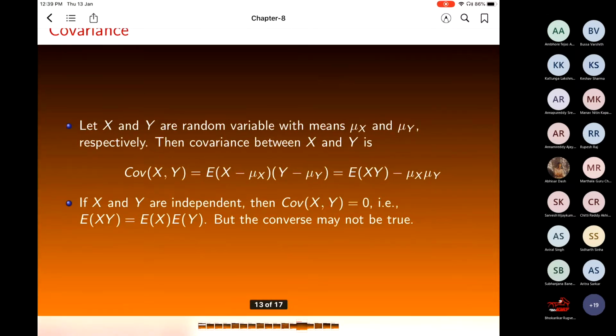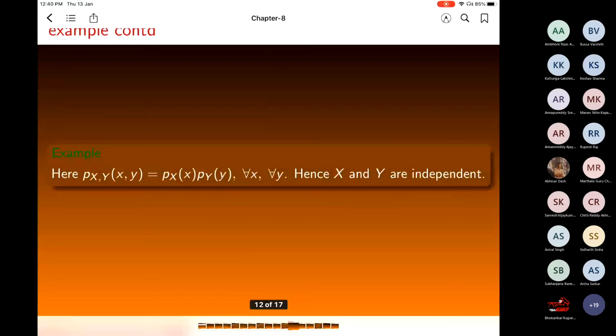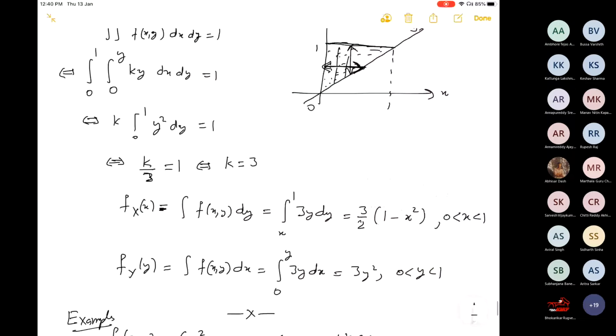Sir, if there is a condition like 0 less than x less than y less than 1, can we directly say that it won't be independent because the region depends on both x and y?